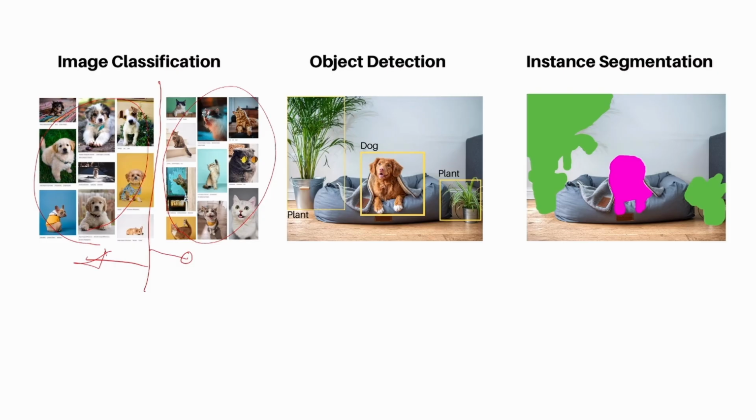Object detection techniques specify the location of multiple objects in an image. For instance, given this image that we have, it can tell you that this is a plant, this is a dog, and this is another plant. And finally, image segmentation or instance segmentation will create a pixel-wise mask for each object.